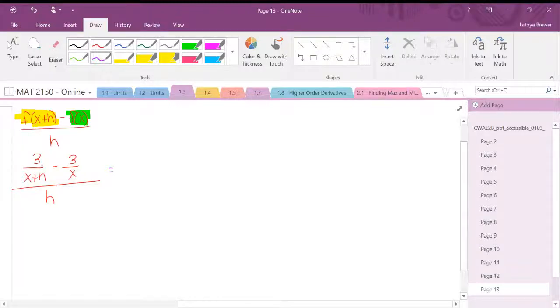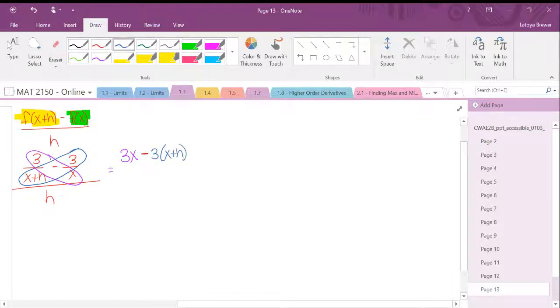And the way that works is by multiplying this way first, always. 3 times x gives me 3x. And because my sign here is a minus, I'm going to say minus. Then we multiply the other way, and you have to apply that distributive property. Or better yet, we'll just say 3 times x plus h.